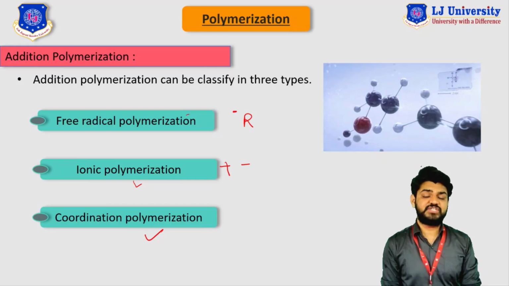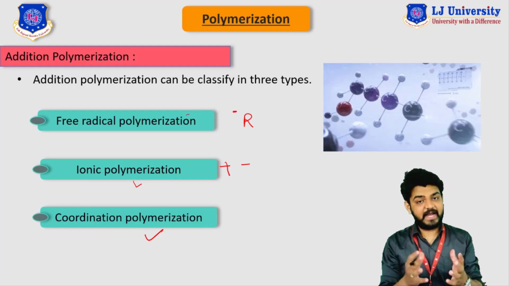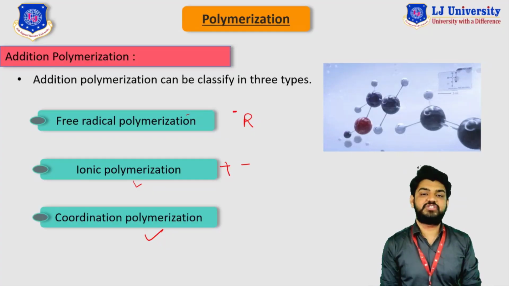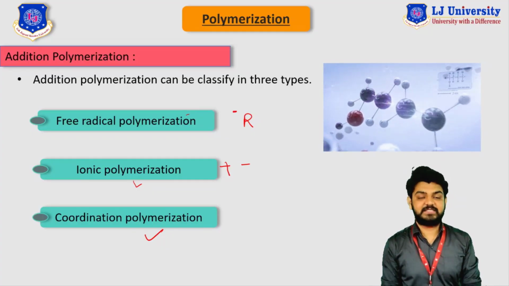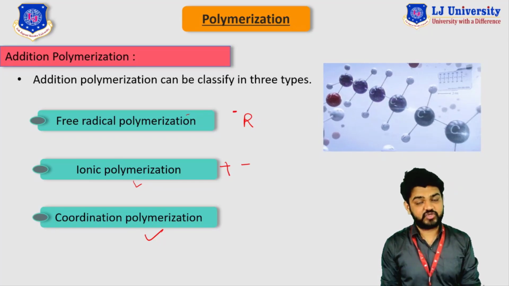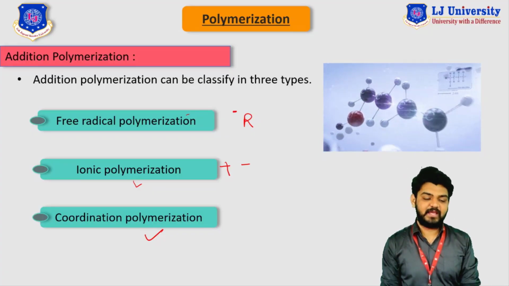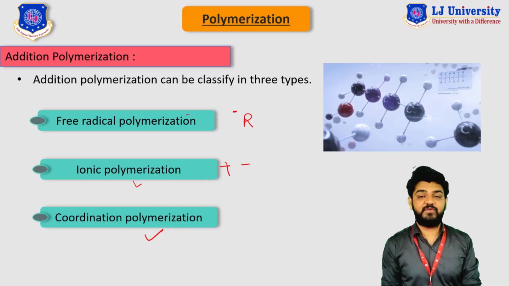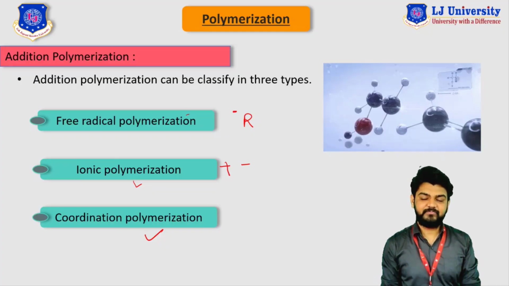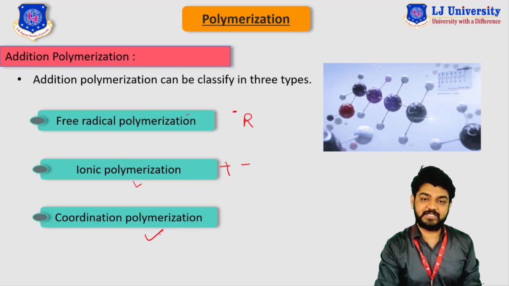So addition polymerization can be classified into three categories: free radical, in which we generate free radicals to initiate the polymerization process; ionic, in which we generate cations or anions to continue the process; and coordination, in which we use a special catalyst involving organic metals. Now, let's understand in detail what we really mean by the free radical polymerization process.